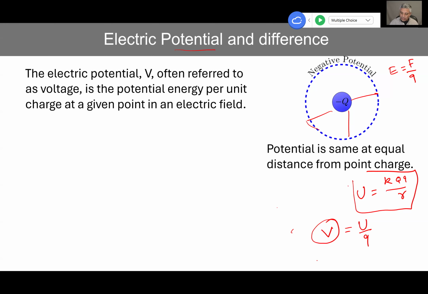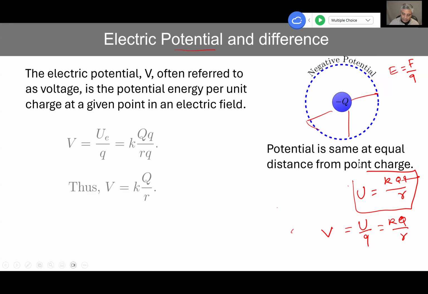To find potential, and we denote potential by uppercase V. And by the way, its unit is also volt. So the notation is both the unit and the quantity, both of them have this V here, okay? So what happens here? One Q gets canceled, leaving KQ over R. I think that's the simplest equation we have, okay?